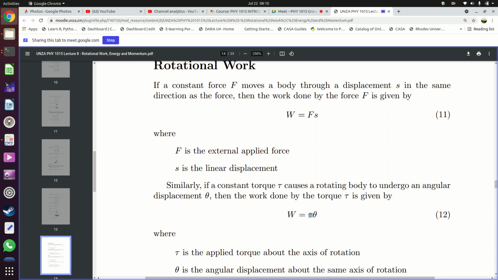If you do not have any torque, then there is no work you can perform. So apart from having a torque, which is the rotational equivalent of force, you also need this torque which you are applying to cause an angular displacement.